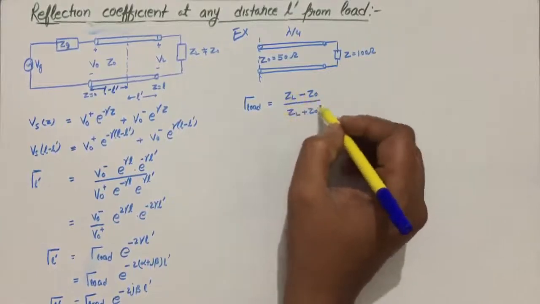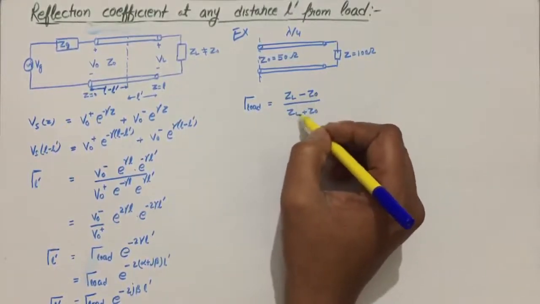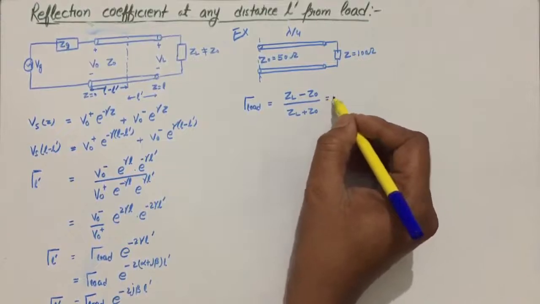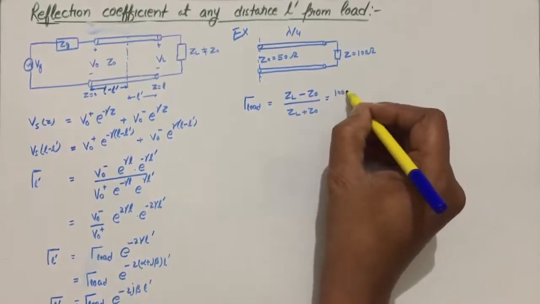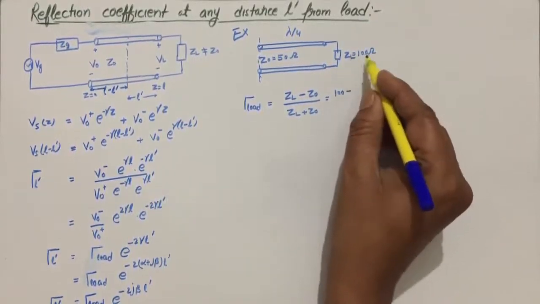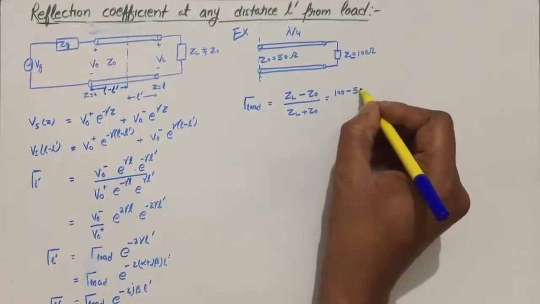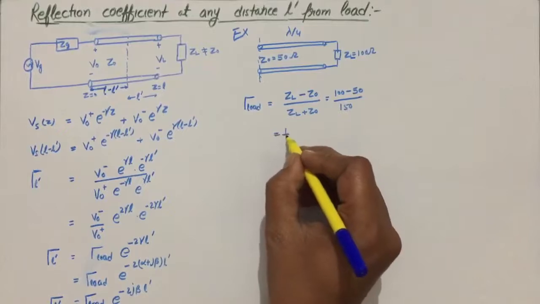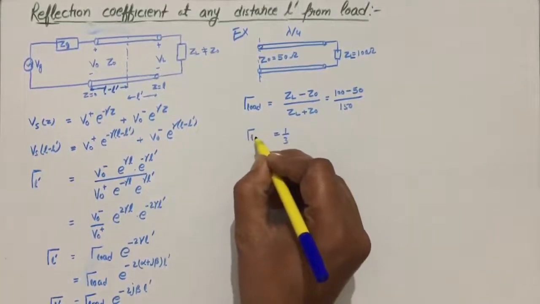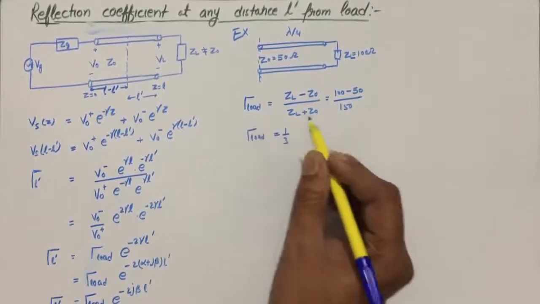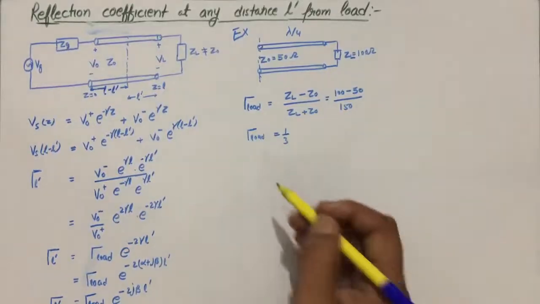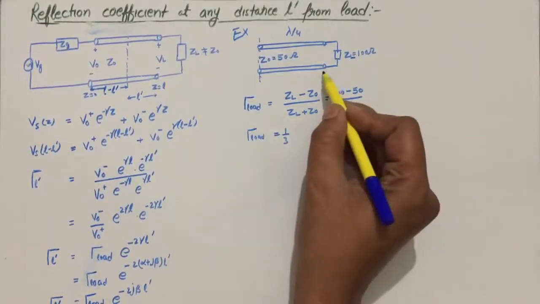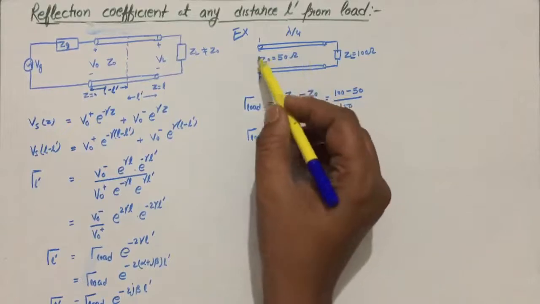We know ZL and Z0, so we put in the values: 50 divided by 150. From here we get gamma load as 1/3. This is the reflection coefficient at the load, but our aim is to find it at the other point.